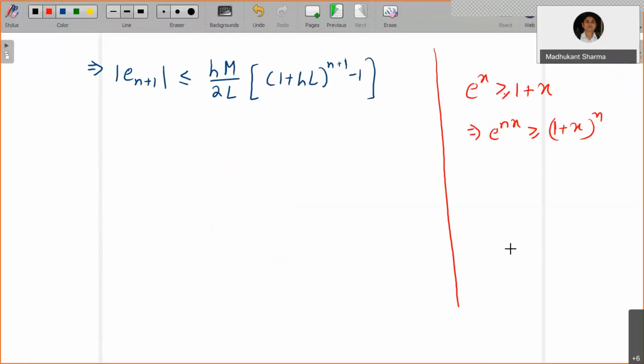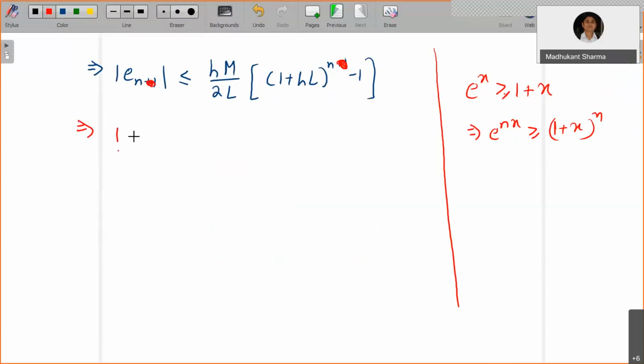Okay, so we are going to use this here. So what it says is this (1 + hL) to the power n plus 1, that we are going to use now. So instead of n plus 1, now we can work with n. You can replace it by this here.